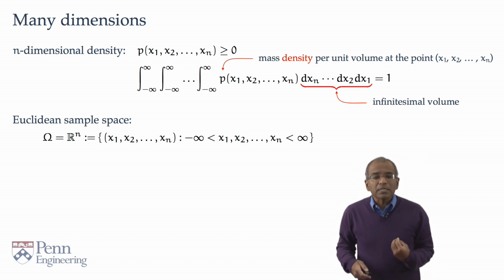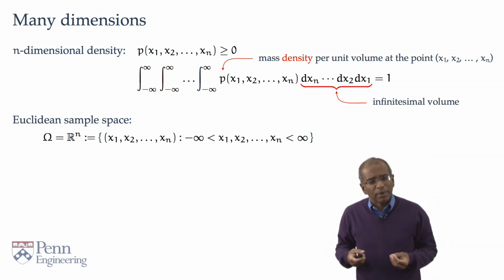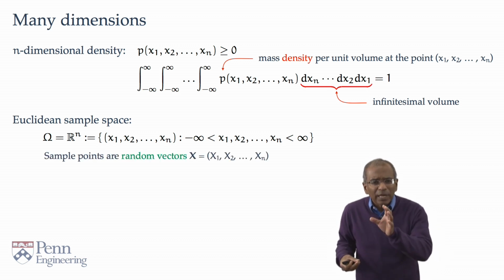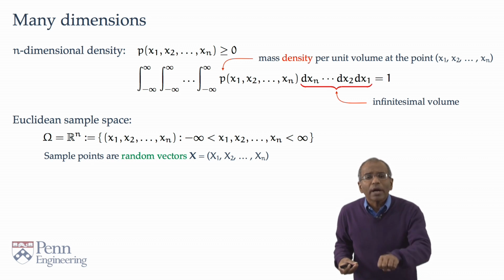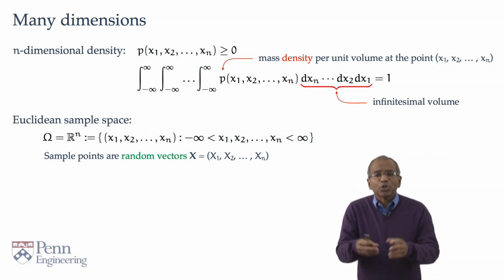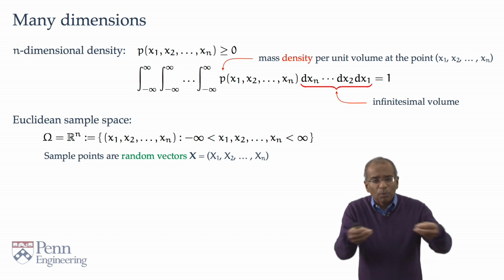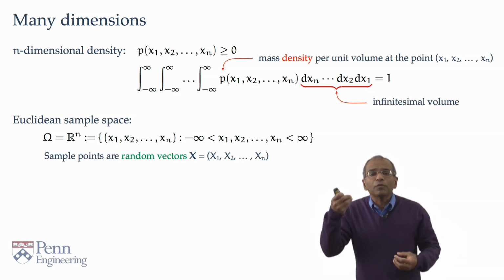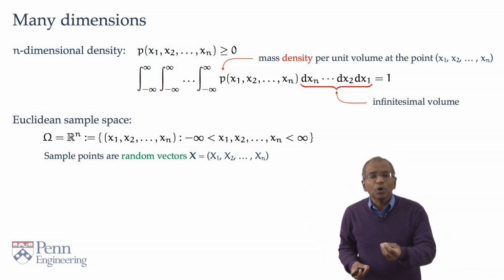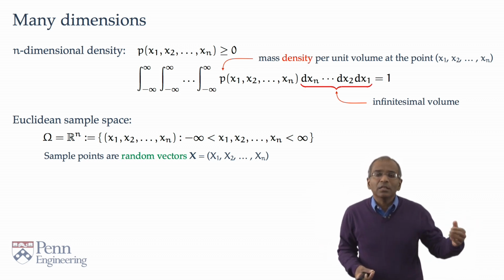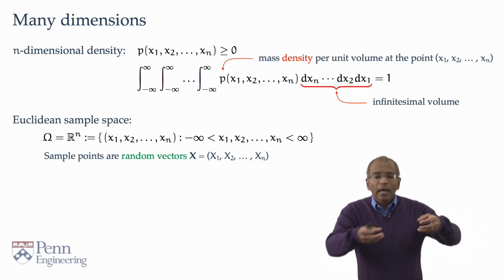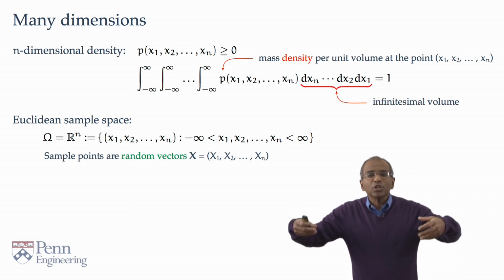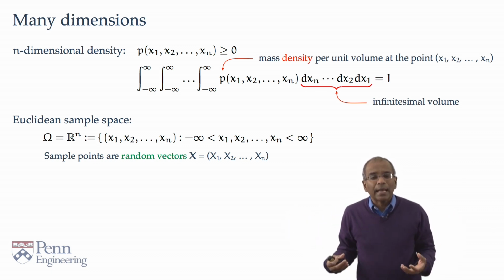Tradition again compels us to write the sample points for this experiment using uppercase letters, generically X, but now we have to describe which trial gives rise to which outcome. And naturally, we'll use subscripts to capture this complexity. X1 denotes the chance outcome of the first trial, X2 of the second trial, Xn the chance outcome of the nth trial. And together we have a composite experiment comprised of n chance outcomes, X1 through Xn.